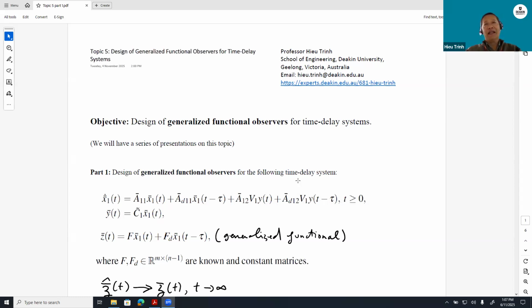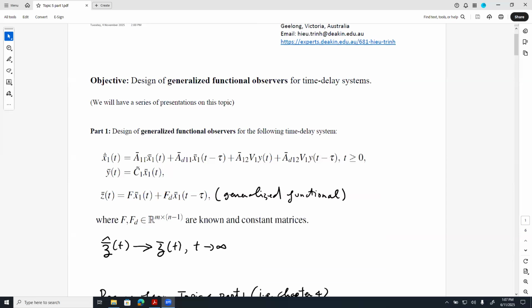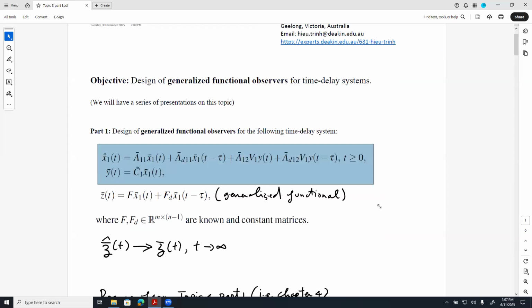So firstly, we look at this particular time delay system. This is the result of the decomposition of an unknown input of a time delay system with a constant time delay, which was from topic 4, part 1.